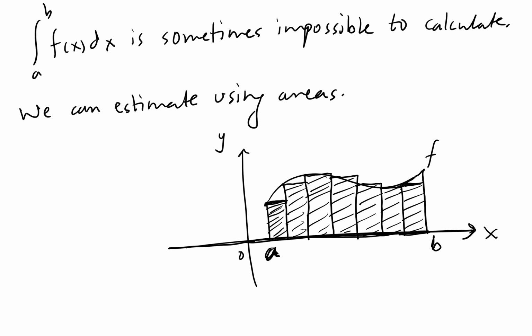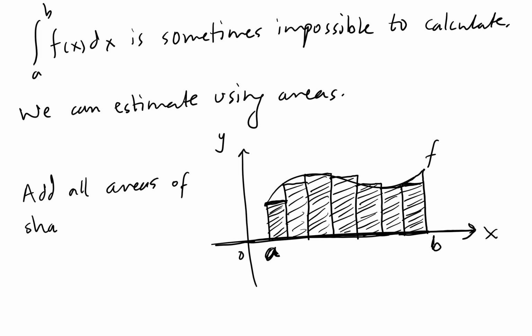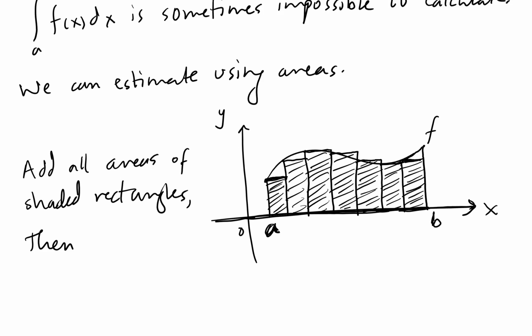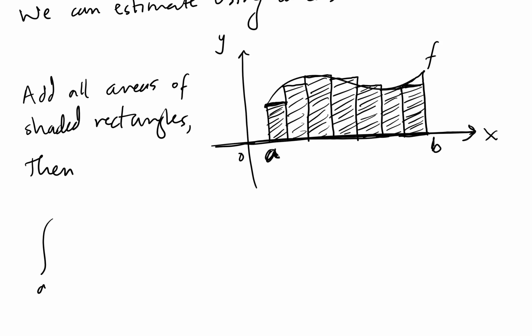If we add them up, so add all the areas of the shaded rectangles, then this gives us the integral from A to B of f of x dx.